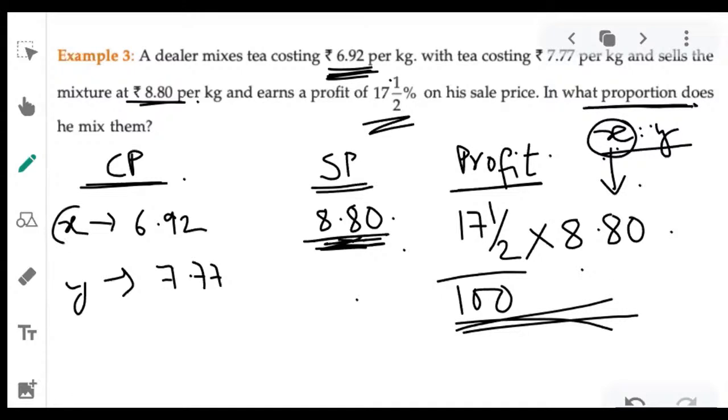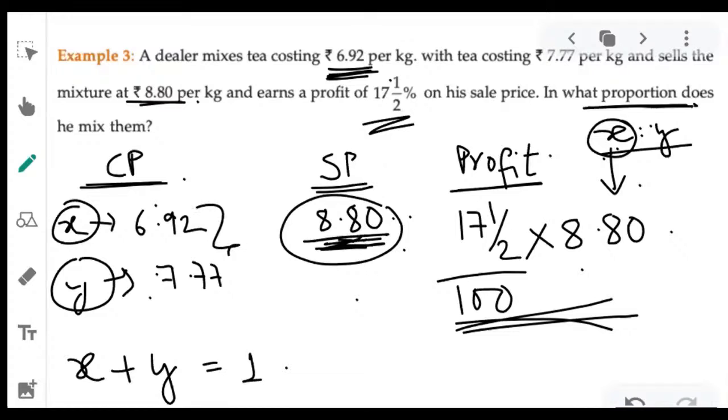So x and y will both be less than 1. For 1 kg, if you are adding both of these, x plus y should be equal to 1 kg, right? Because this tea is a mixture of both of these. Does it make sense? Yes, ma'am. So this is my first equation.